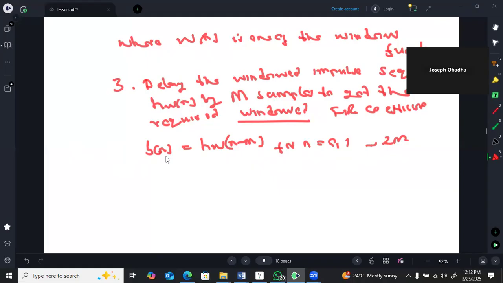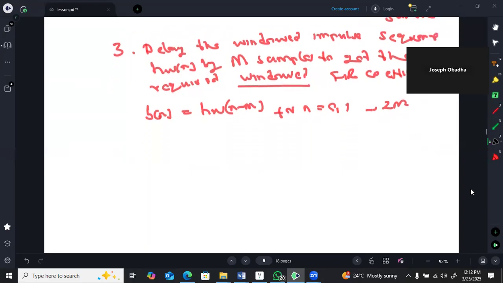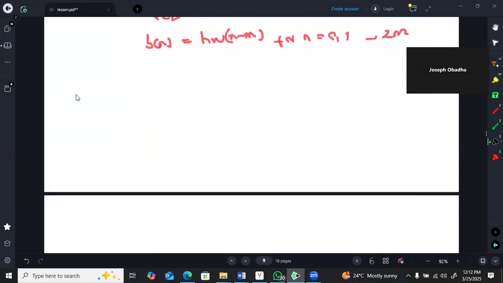So we'll go through an example to see how we can design a filter based on the window method. This is the same example we had done in the previous slide on how we can use the Fourier method to design a filter.